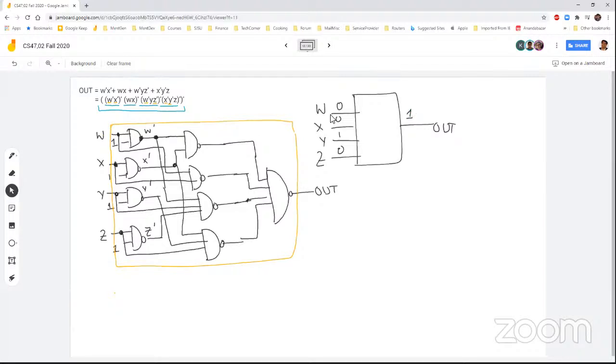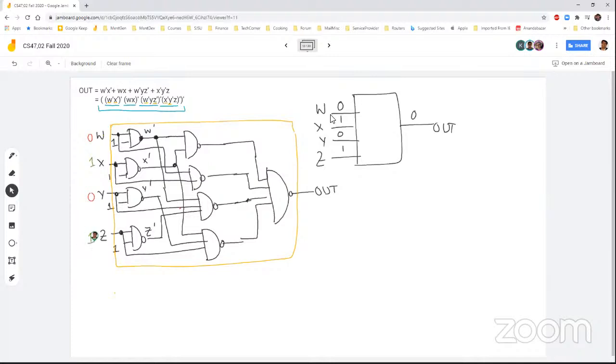Now, if let's say at the input side my combination is 5, right? 5 is 0, 1, 0, 1. My output should be 0, right? We can try it, see if this works or not. So W is 0, X is 1, Y is 0, Z is 1.